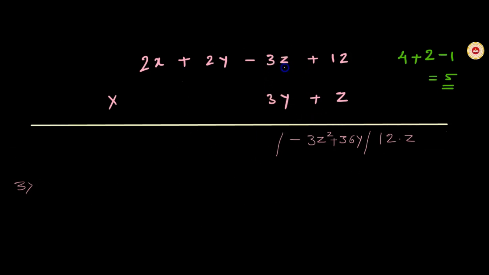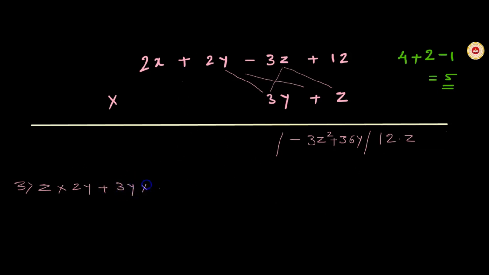Now let us consider this column, that means the second column and third column. There are two columns, so we multiply the terms in these two columns crosswise. So z multiplied by 2y plus 3y multiplied by minus 3z.